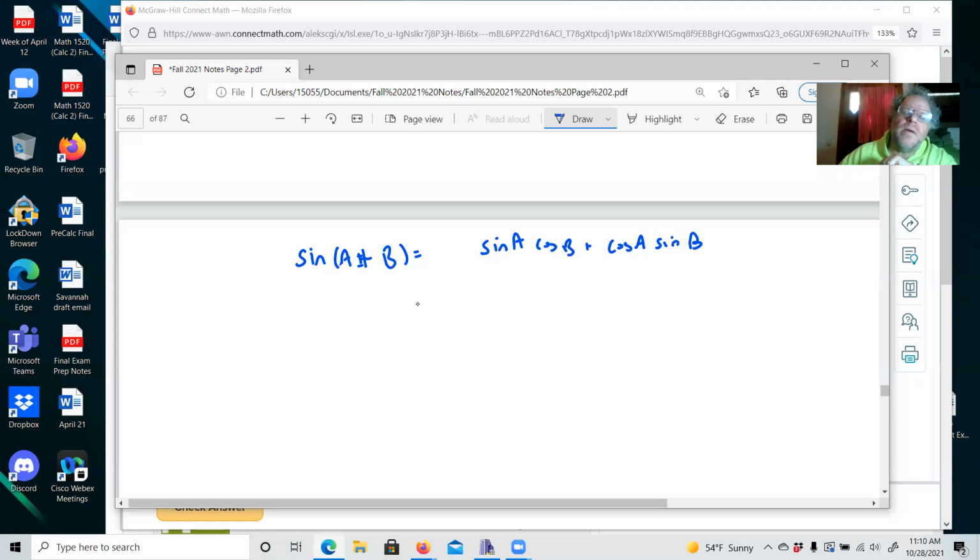What if we just had two of the same angle? So what if we had sine of 2A? I'm going to pull this revolutionary idea here that A plus A would be 2A, okay? But we have a sum of angles formula to deal with this.